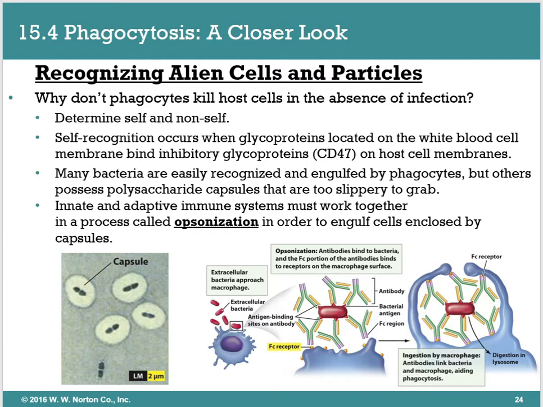Okay. Anyway, so how do we actually recognize self from non-self? How do our cells know not to go around just phagocytosing everything? We do have a self-recognition system, and that occurs whenever there are certain glycoproteins located on our white blood cells.